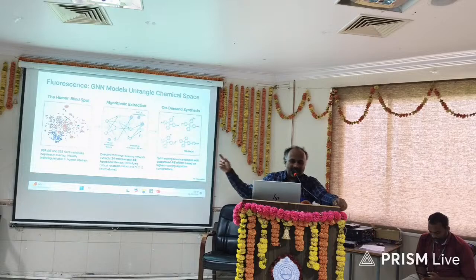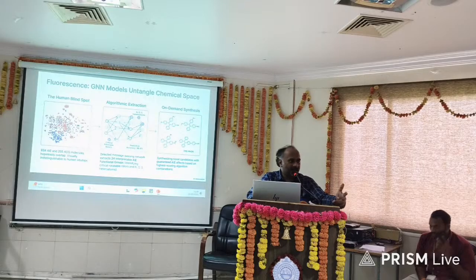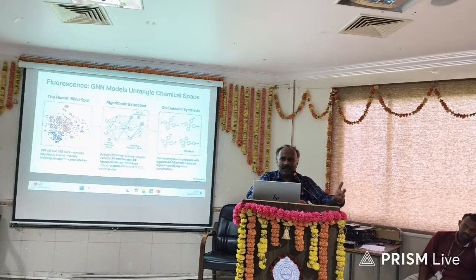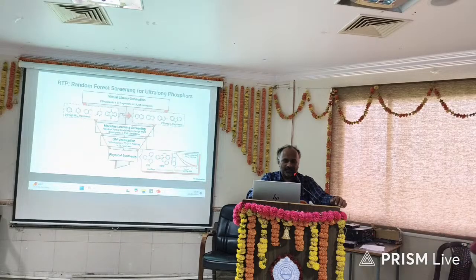But if you put the same thing in a graph neural network, it will give a better representation. So where human intuition has a limitation in identifying better molecules, with the help of machines we can identify better features.